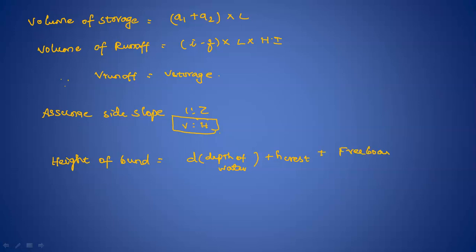Generally, you want to consider 25% of depth of water impounding as a freeboard. So in finding the value H, you want to assume the freeboard. And then you want to find the bottom width and top width, that we will see in the next lecture.